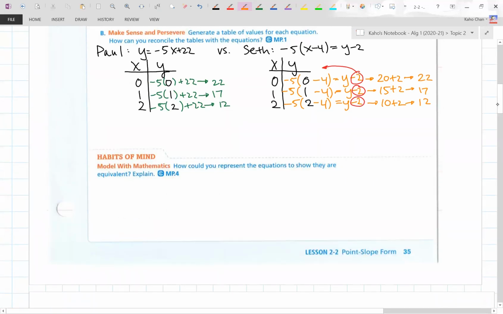Well, we kind of did the table. I just want to point out what we're getting to: Paul has been using mx + b. We all know that as slope-intercept form.